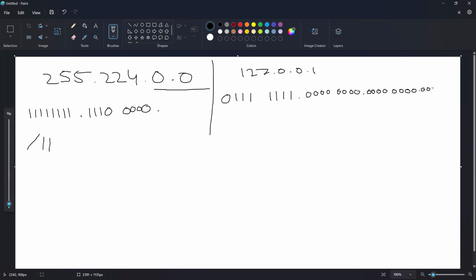And then you write the mask, which is just 11 ones: 1, 2, 3, 4, 5, 6, 7, 8, 9, 10, 11. And then we have zeros until the end. You don't even need to write it when you get used to it. You just draw a line right here. So this is the network part.